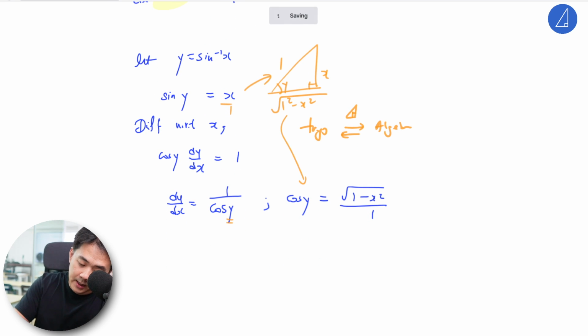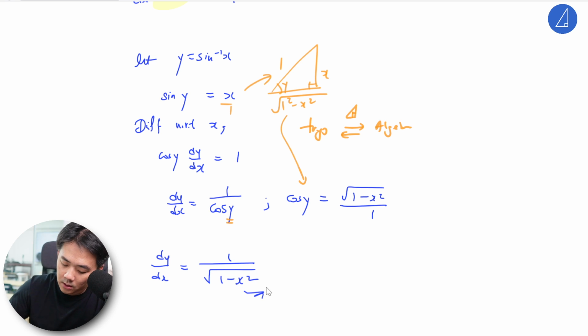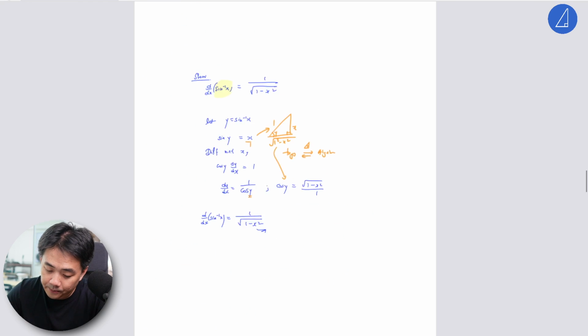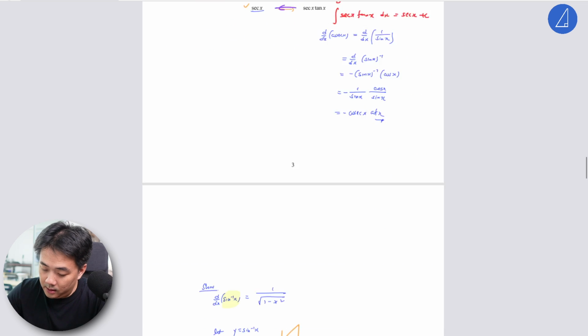Hence you get dy/dx equals 1 over square root of 1 minus x squared. So this is d/dx of sine inverse x, shown.